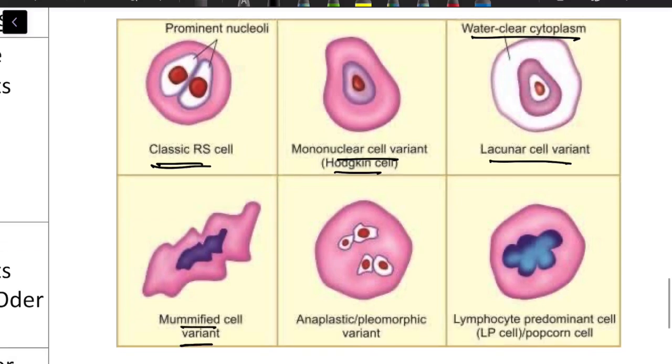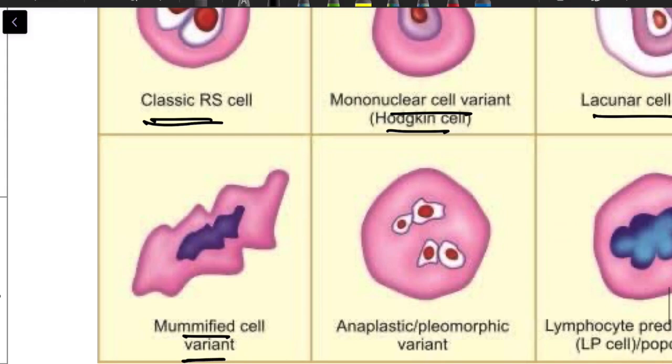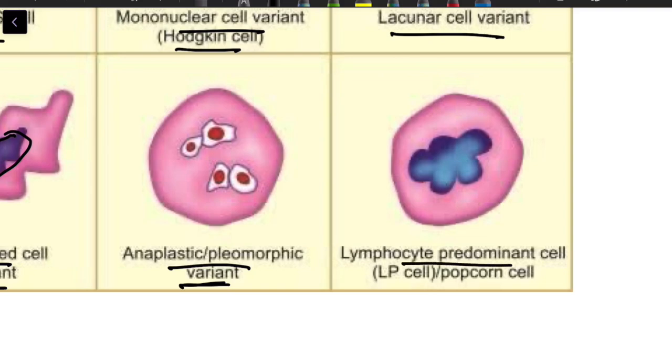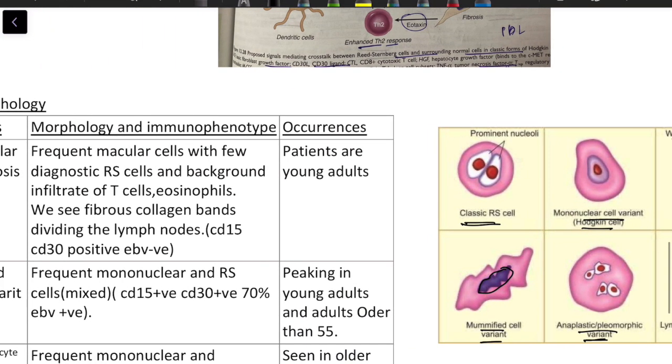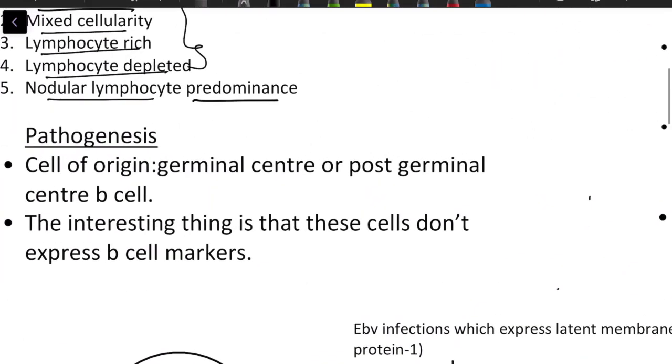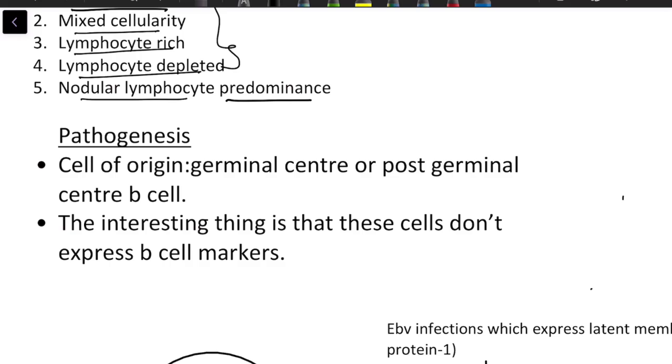Then this is the mummified cell variant, where you will see a pyknotic, shrunken nucleus. Basically this cell is dying, so this is the mummified cell variant. And the anaplastic pleomorphic variant is also seen in some types of Hodgkin lymphoma. And then there's the lymphocyte predominant cell, or the popcorn cell, which is commonly seen in the nodular lymphocyte predominance type of Hodgkin lymphoma.